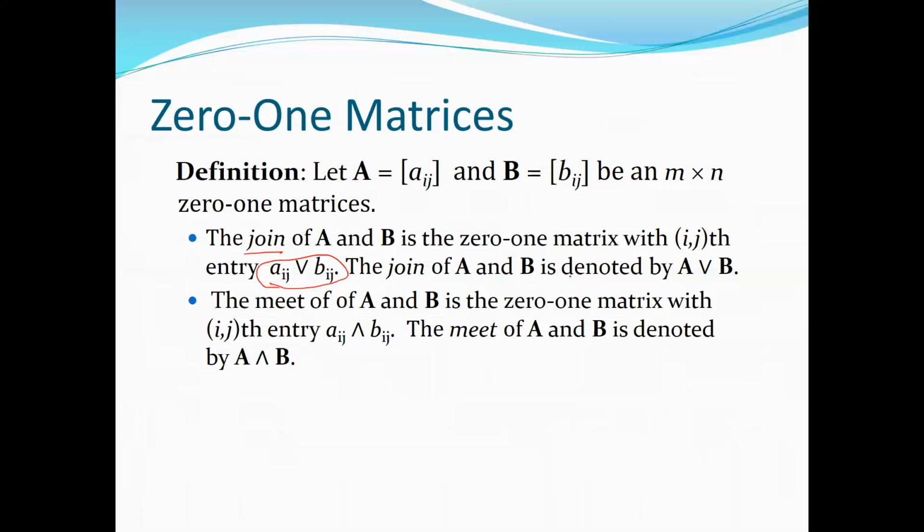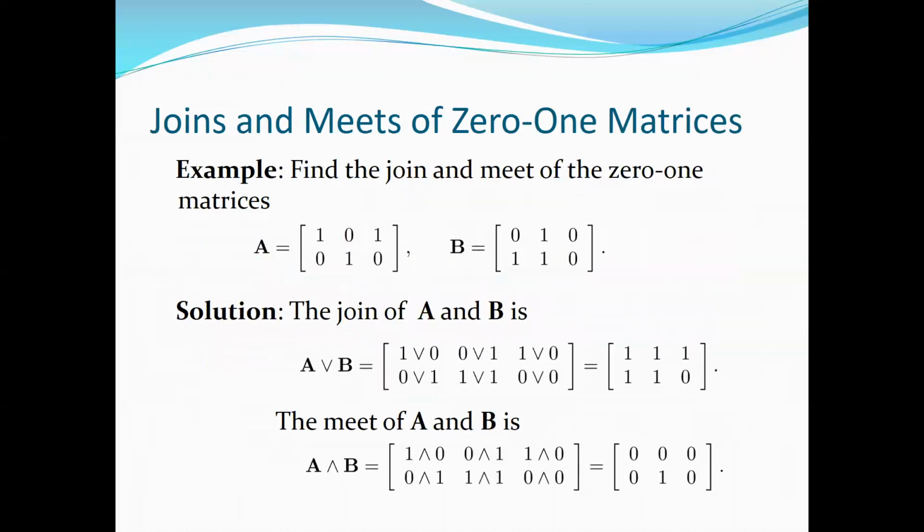So the join of A and B is denoted by A or B, right? But if we are doing A and B, this is called the meet. So the meet of A and B is the 0 1 matrix with i, jth entry Aij and Bij. The meet of A and B is denoted by A and B, right? Clear? Let's see the example.